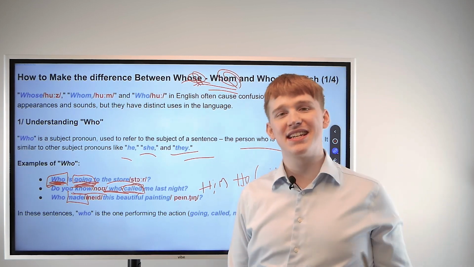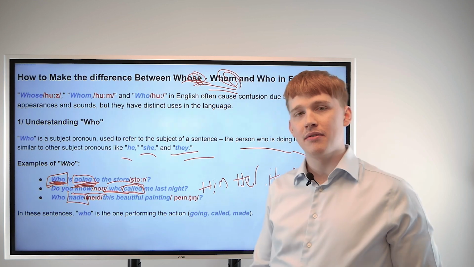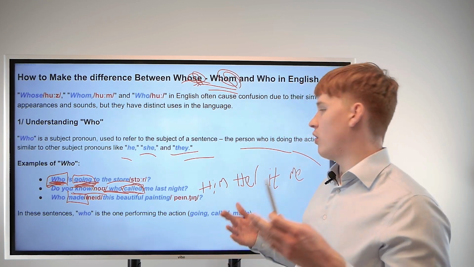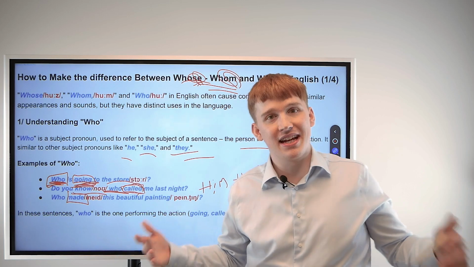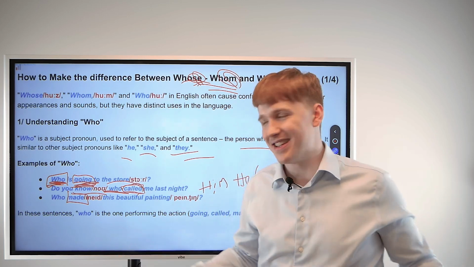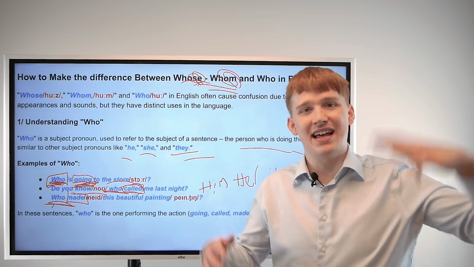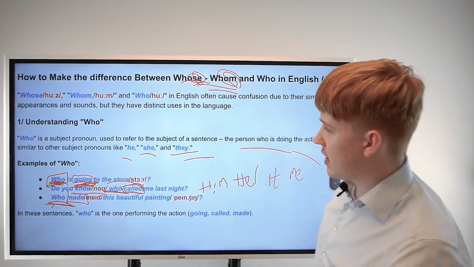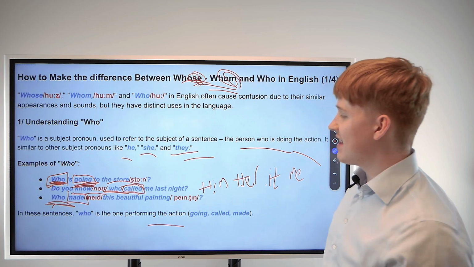Who made this beautiful painting? And then an answer might be, it was him, or it was her. Or you might say, he made the beautiful painting, if you wanted to recreate the sentence again and replace who with the subject that you want to say instead.